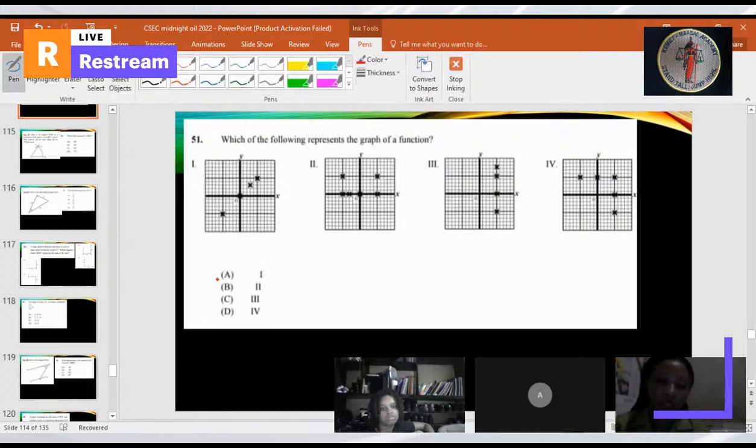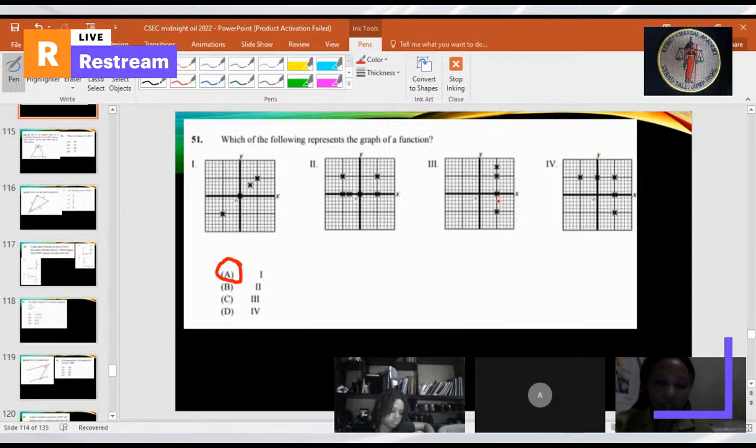So if you notice, for I, when x is this, y is that. X is this, y is something else. There is never a point at which one x value gives the same y value. For these ones, if you notice, they form a line over each other.